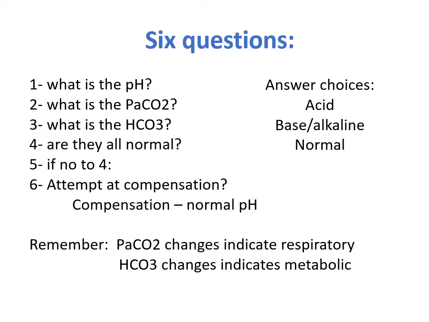Now, we call something compensated acidosis or compensated alkalosis. So if you have a partial compensation, it means that you're still maybe acidotic, so your pH is 7.3, and your bicarb is a bit low, say it's 20, you might have a partial compensation, meaning the body is doing everything it can to get it back to 7.35.